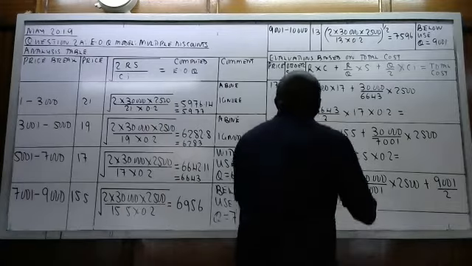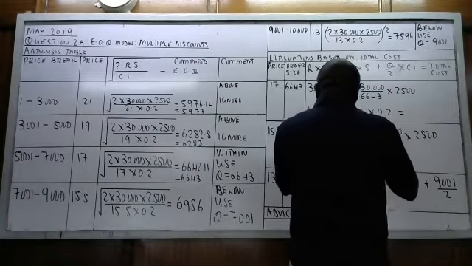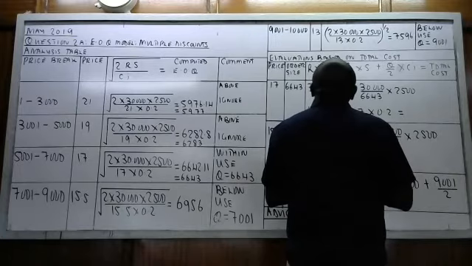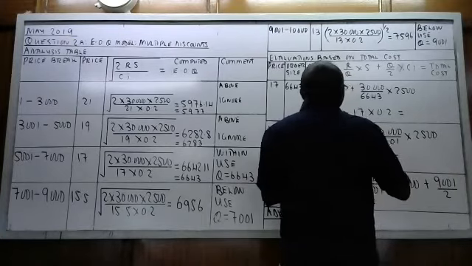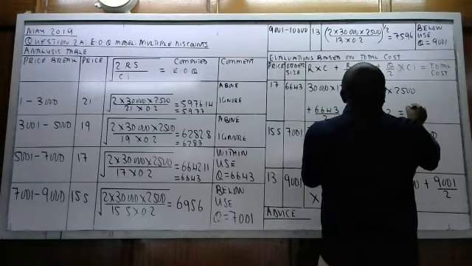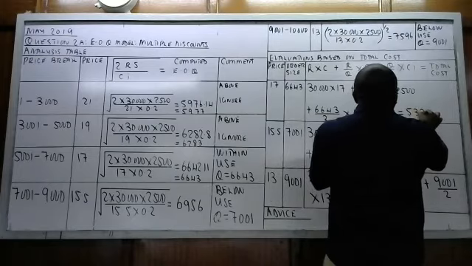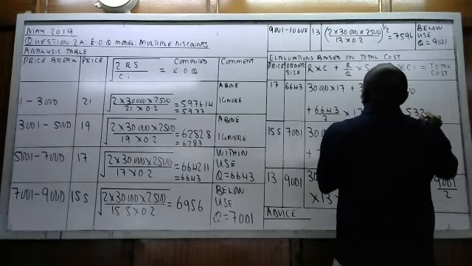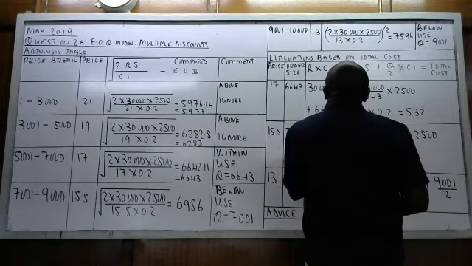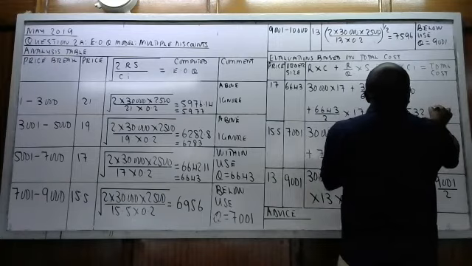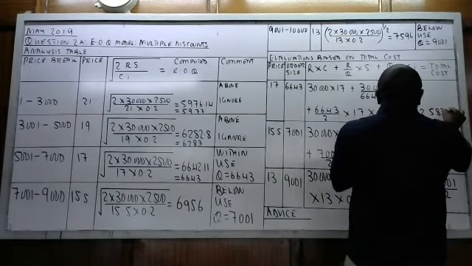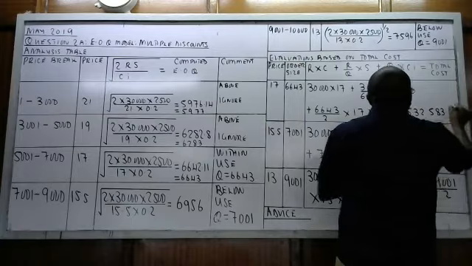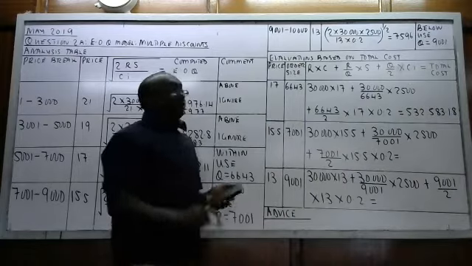So I will write, then you confirm. Five, that's 2,583.18. I confine myself to two decimals.